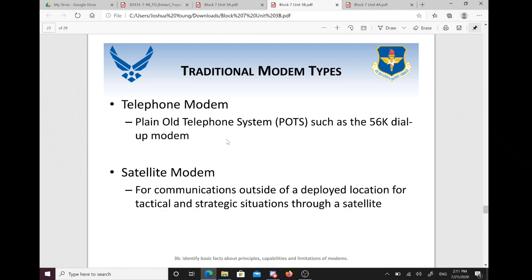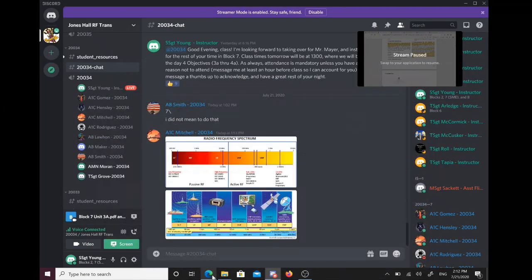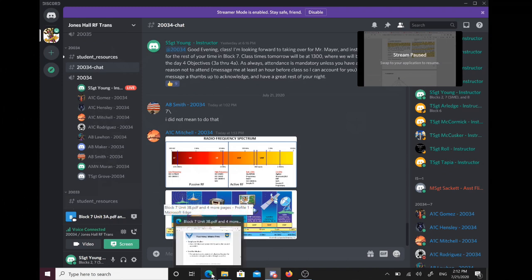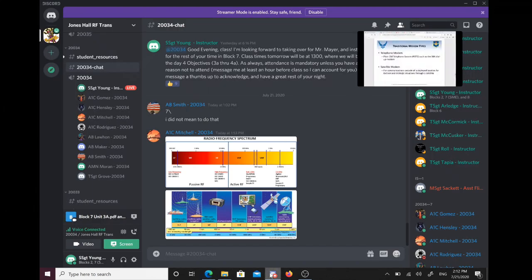Is anybody in here old enough to remember the AOL Instant Messenger, like the AOL dial-up tones? Anyone? Oh my gosh. I wish I had that link on hand. I think it's in a different classroom chat, but yeah, that sound is forever ingrained into my brain. Anytime Maker, were you even born during that time? No, I'm a little too young for that. 98, that's when I was born, so I wasn't really doing much back then.